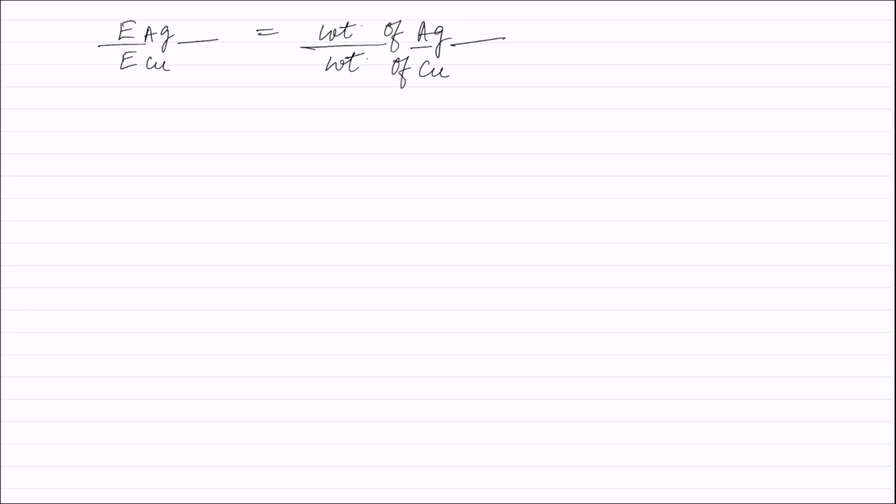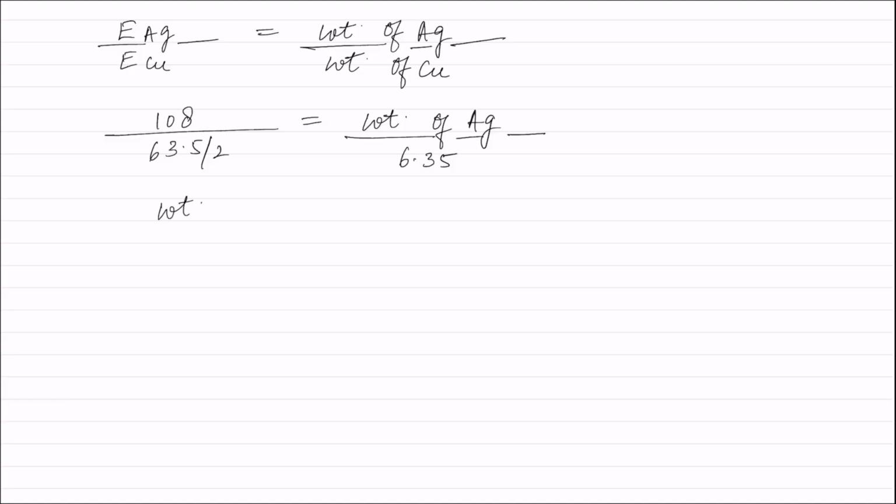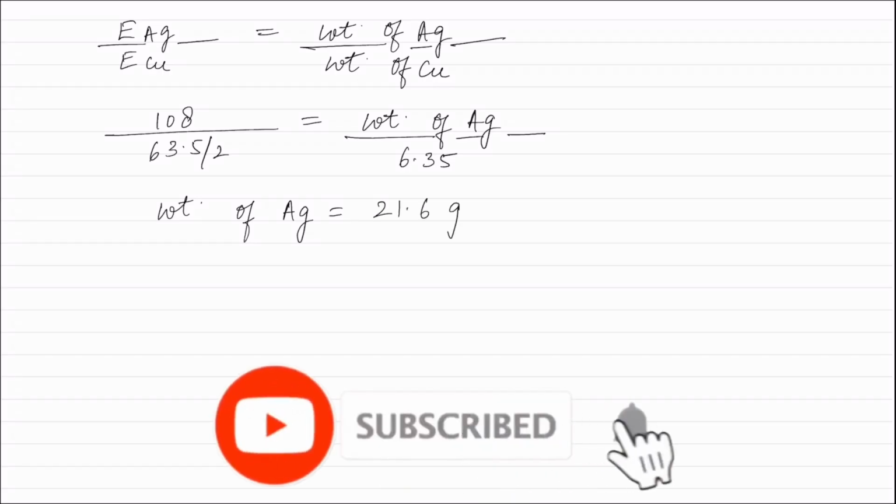Now equivalent weight of silver is 108 divided by the equivalent weight of copper, which is 63.5 by 2, and this is equal to weight of silver divided by weight of copper, which is 6.35 gram. Solving this equation, weight of silver is equal to 21.6 gram.